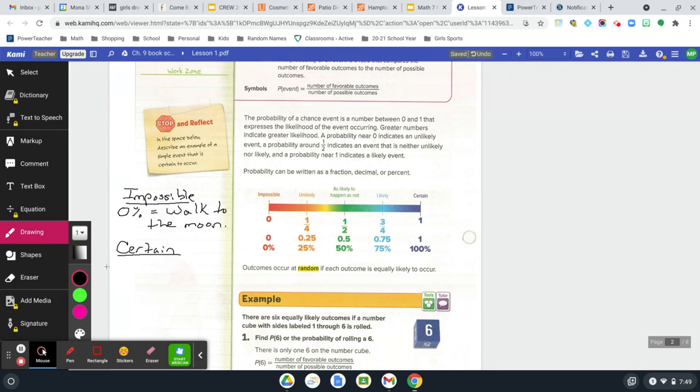My example would be: the sun rises in the east and sets in the west.